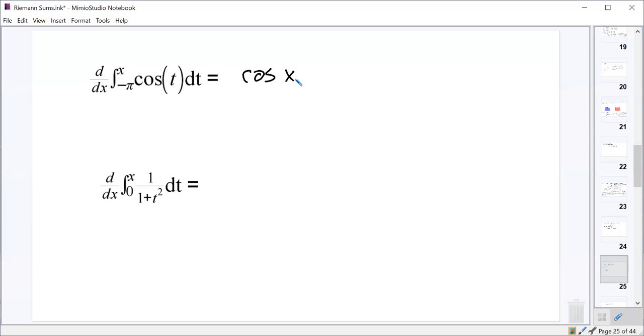Easy or no? Everybody okay with that or no? What should the bottom one become?